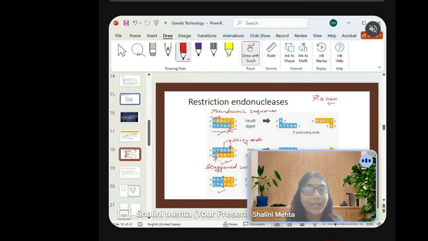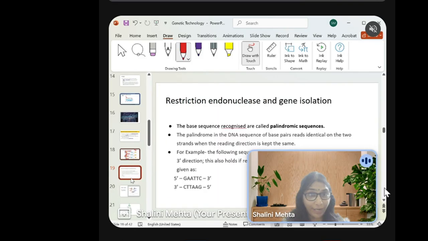Restriction endonucleases will generally identify these palindromic sequences, and then they will make either staggered cuts, that means the two strands will be cut at different positions, or blunt cuts, that means cutting at the same position. I hope I'm clear to everyone. Any doubts? So they recognize palindromic sequences and then make a cut.